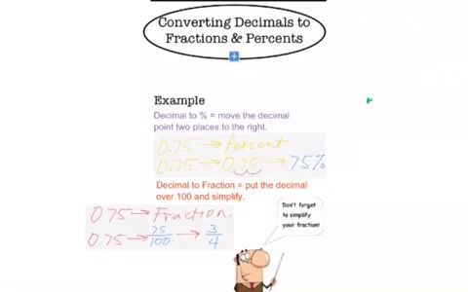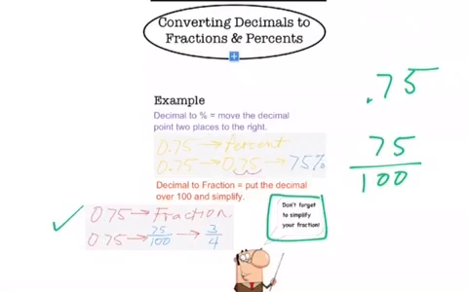Got 0.75. We put 75 over 100 because it's 75 hundredths. And what you see here, we don't forget to simplify. Have our little don't forget to simplify teacher right over here. Simplify our fraction. 75 100ths actually simplifies down to 3/4, and that's how we turn a decimal into a fraction and a percent.